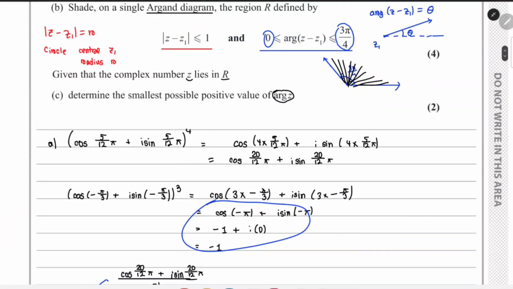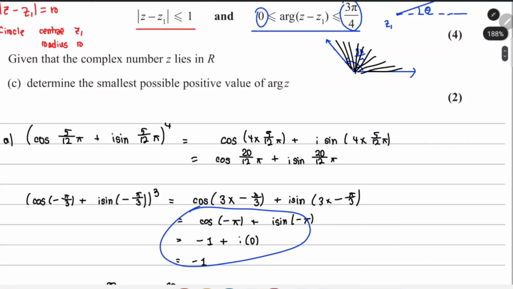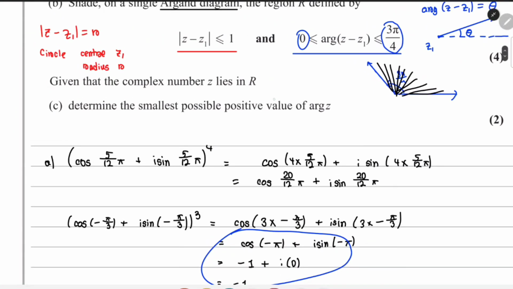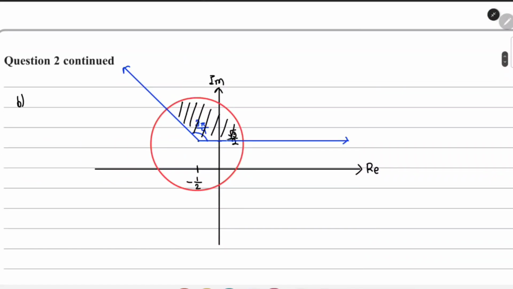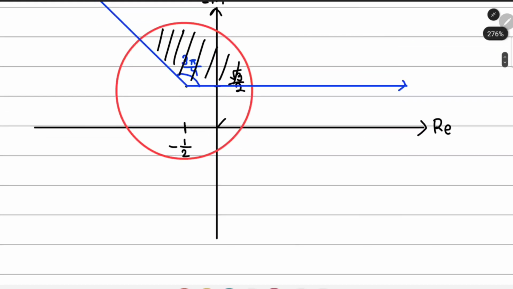Now for part C, we have to find the smallest possible argument of z, which is in the region or the shaded region. So I want to minimize the argument for it. The argument is the angle from the positive real axis up to the point. So if I look over here, this point over here will have the lowest angle because we start measuring the angle from here and go like this.